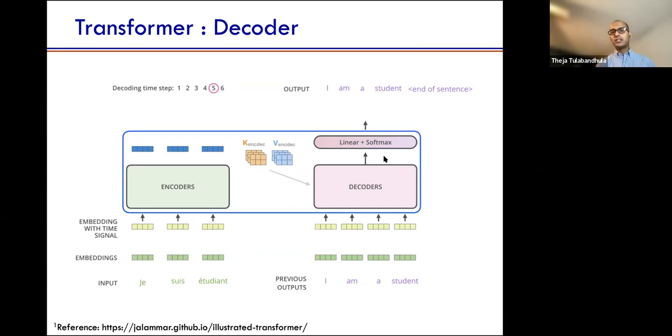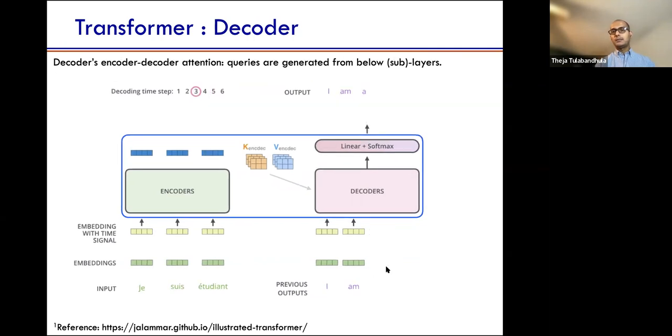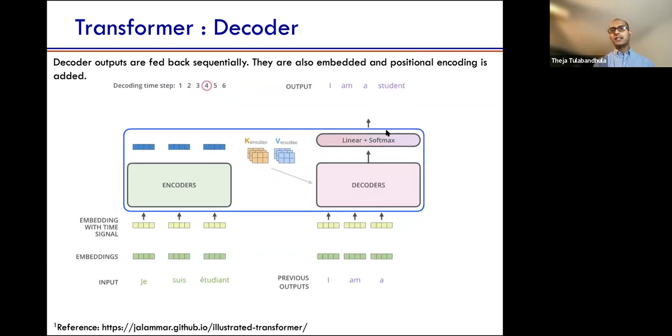But how does the encoder-decoder attention work? Let's say we're trying to produce the word "student". We have 3 words that we've already decoded. Those 3 words go in, and we have to produce the next word.